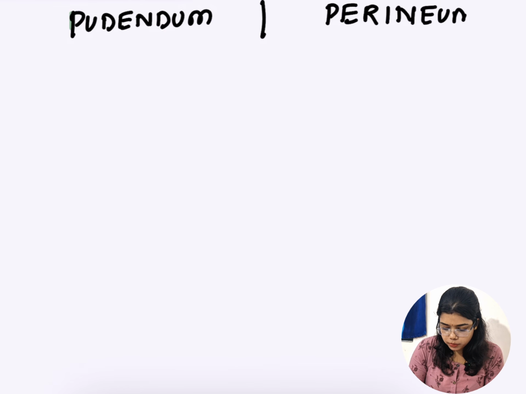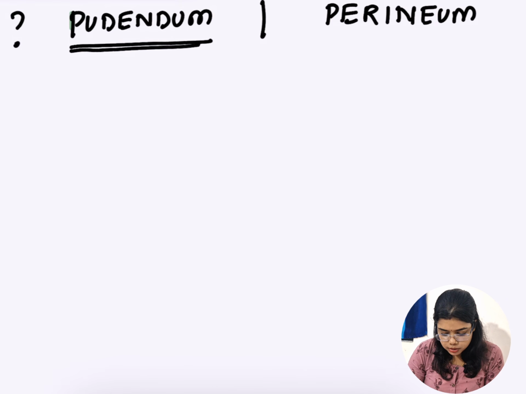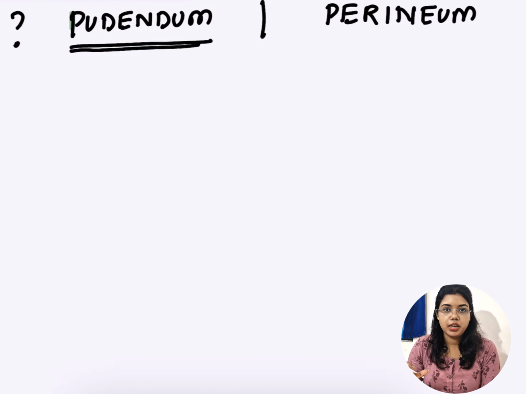Do you know the difference? Pudendum, what is pudendum? It is the things we have studied now, that is the female external genitalia, the genital organs that are visible outside. This is the pudendum or vulva. It consists of all the structures that we have studied now. Okay.